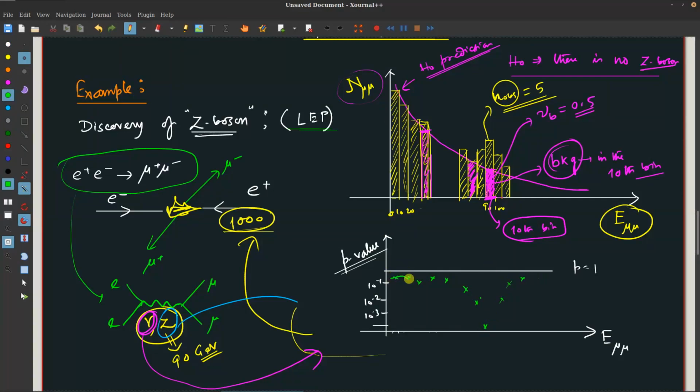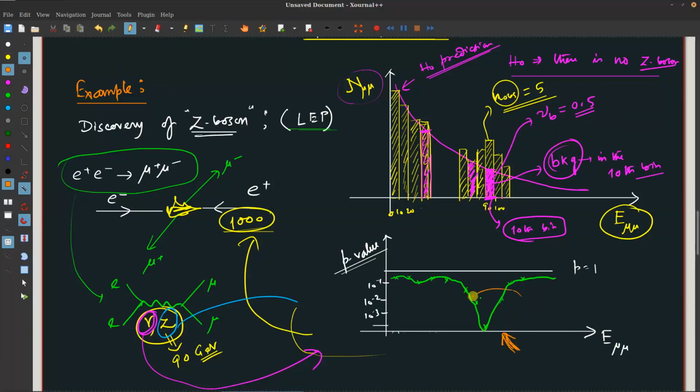And if you connect this, then you will see that it looks like this, and that means that in this region something new is happening.